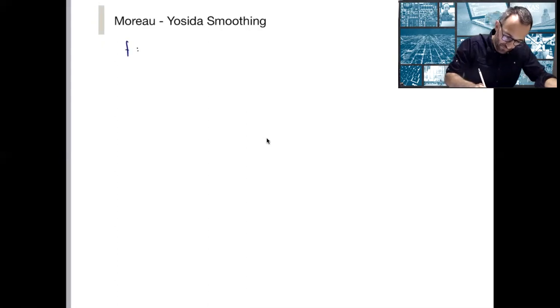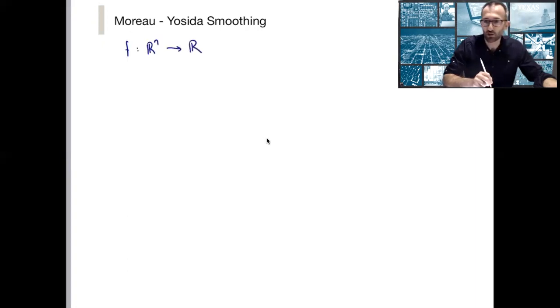If f is a function, it doesn't have to be smooth, and note that I'm not making any assumptions about it, then its Moreau envelope is defined as follows.